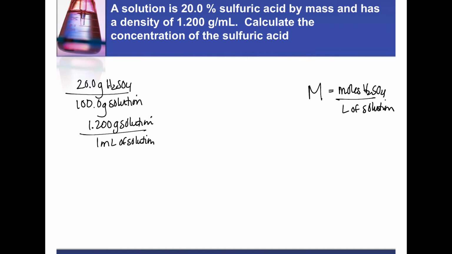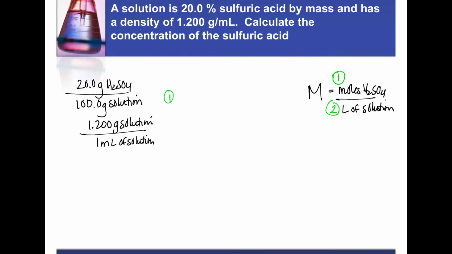Now to calculate molarity, you can first calculate moles, then calculate liters, and then do the division to put those two numbers together. And I'll show you how to do that. It's also possible to do it all in one calculation, and I'll show you how to do that afterwards.